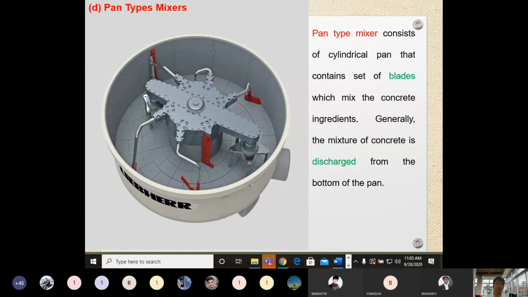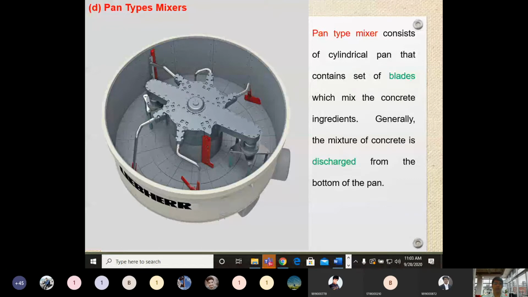Pre-stress and pre-cast concrete is very important and it plays a role in fast and speedy construction. So this type of pan mixer is used generally in the industry for the purpose of mixing, while you are casting precast and pre-stress panels such as beams, columns and slabs in the industry itself.